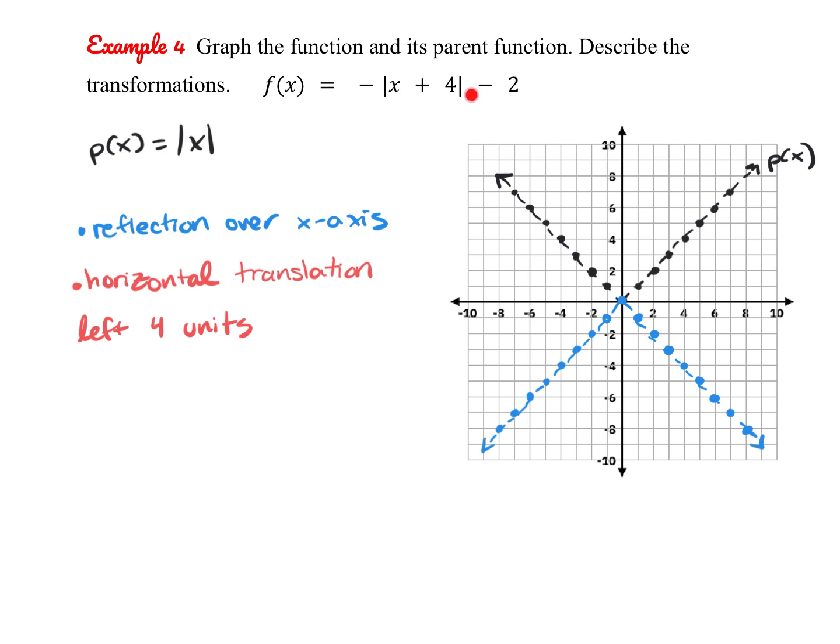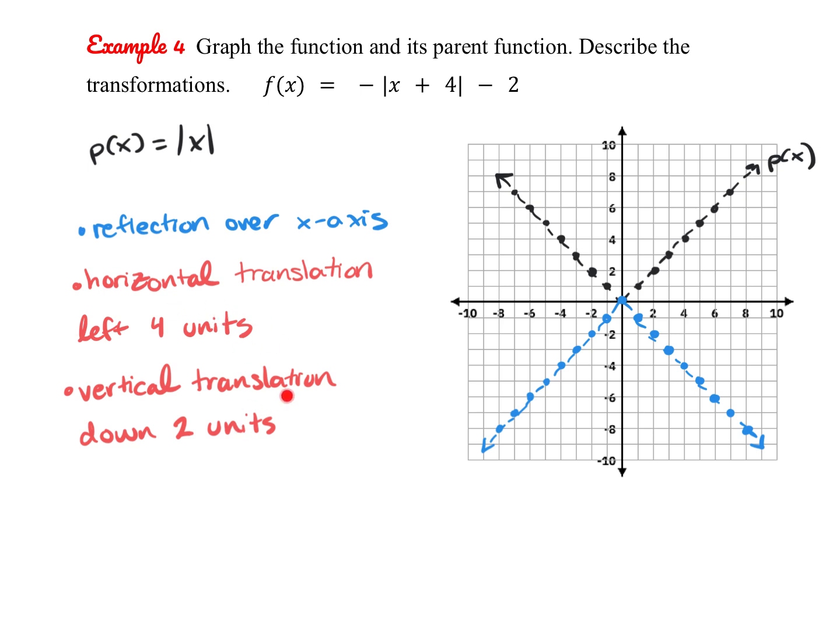And then I see here I'm adding or subtracting to the entire function, so outside of the absolute value. So that's going to be a vertical translation down 2 units. So remember, with the vertical translations, it's going to go in exactly the direction you think. If you subtract, you're going to move down.